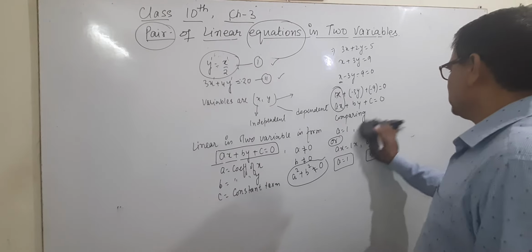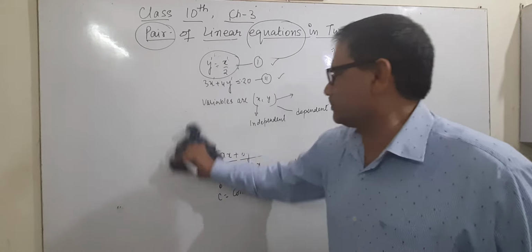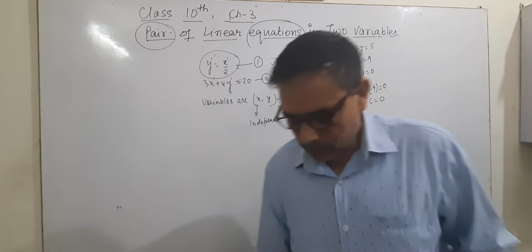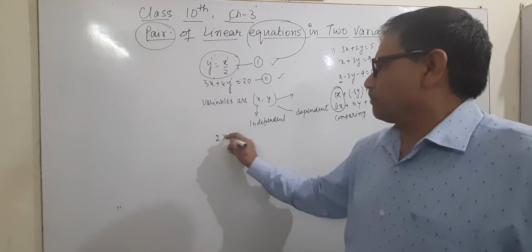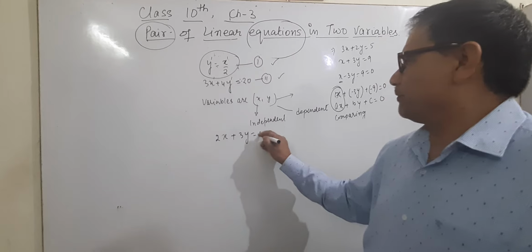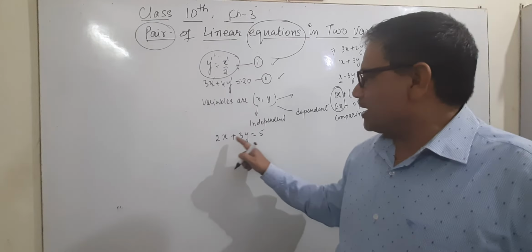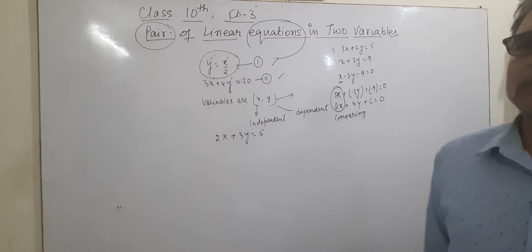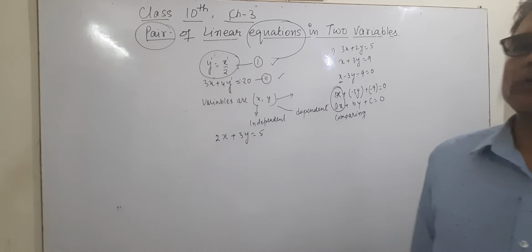And now, if 2x plus 3y is equal to 5, x and y are numbers which we don't know. It means we can put any value of x and y.